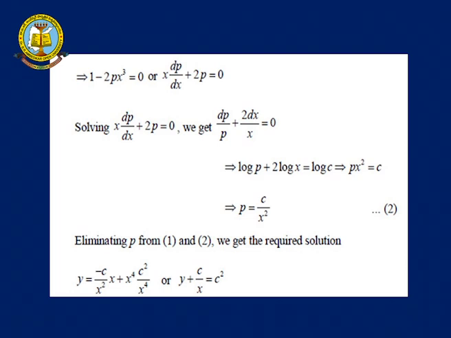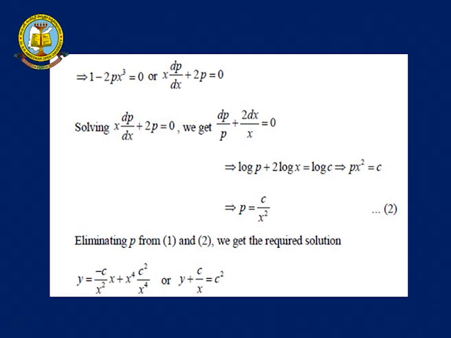So log p plus 2 log x equal to log c. 2 log x we can write as log x square. Log a plus log b is log ab, so we get log p x square equal to log c. Both sides log cancel, and we get p x square equal to c. Then we can write p equal to c by x square. So we got the p value, p equal to c by x square.